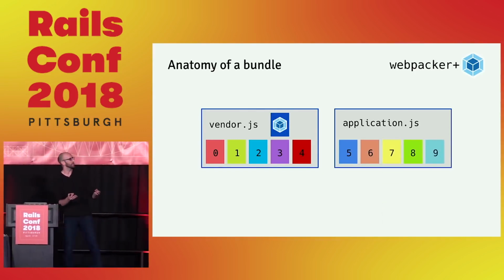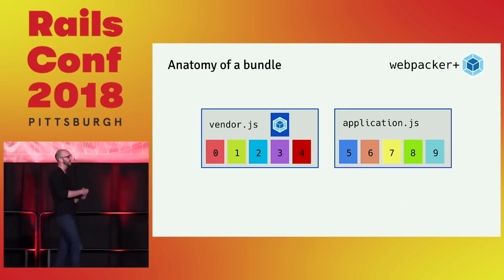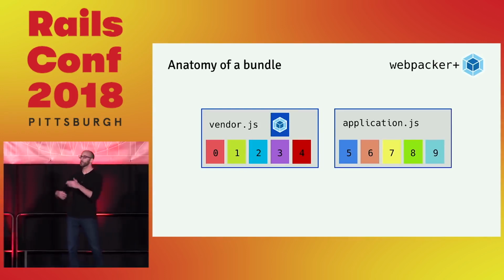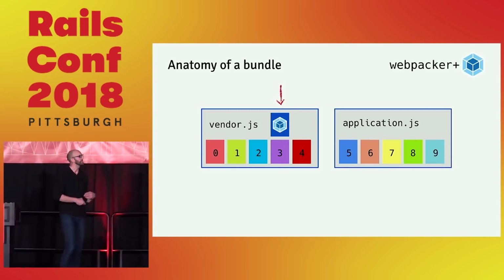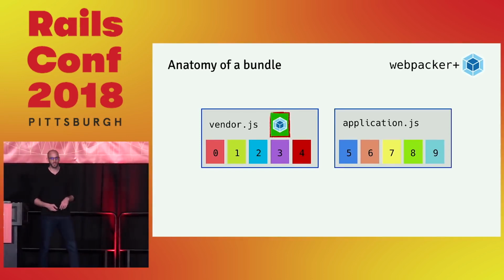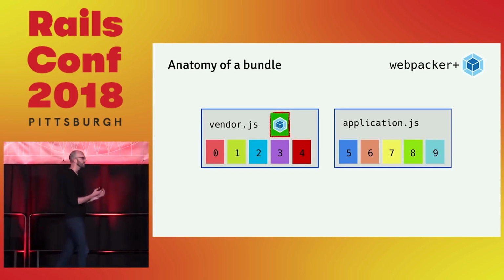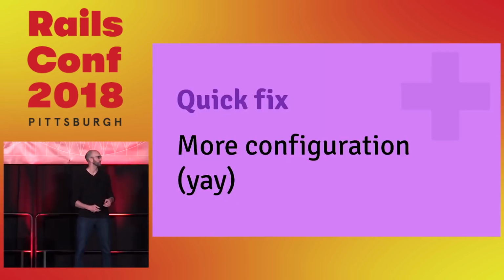We might insert a module, it needs to get an ID itself, other IDs might change as a result. And it turns out because the runtime keeps track of all those IDs, like a manifest file, any change that we made to the application bundle would cause the runtime to change. And since the runtime is in the vendor bundle, the vendor bundle would change as well, which is why those fingerprints were updated.